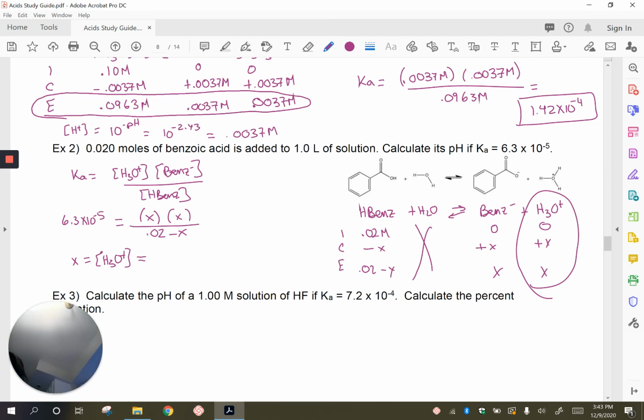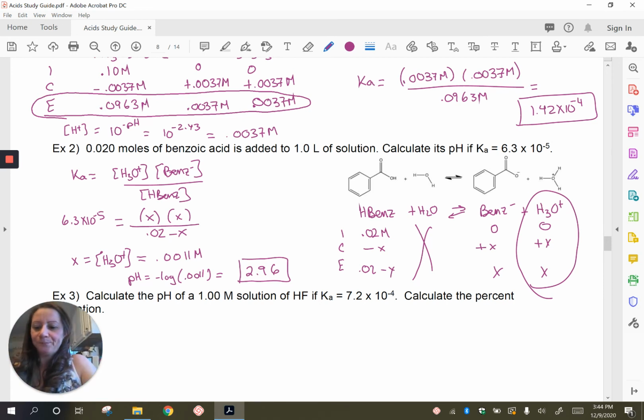And from there I can find the pH. So I got 0.0011 molar. And so pH is going to be negative log of 0.0011 molar, which ends up being 2.96 as my pH.